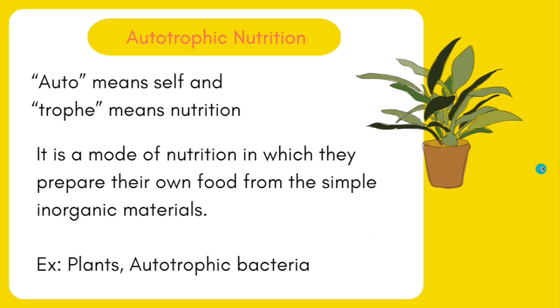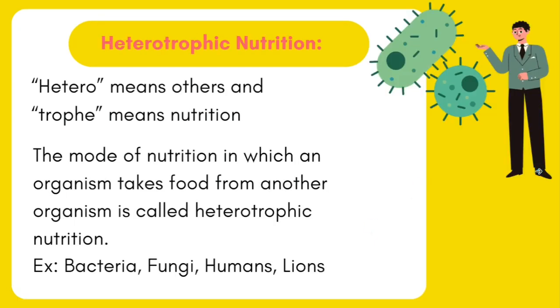Okay, next, heterotrophic nutrition. Hetero means others and trophic means nutrition. The mode of nutrition in which an organism takes food from another organism is called heterotrophic nutrition. It means we depend on others, like we humans, we cannot prepare our own food in our body, right? We depend on others.